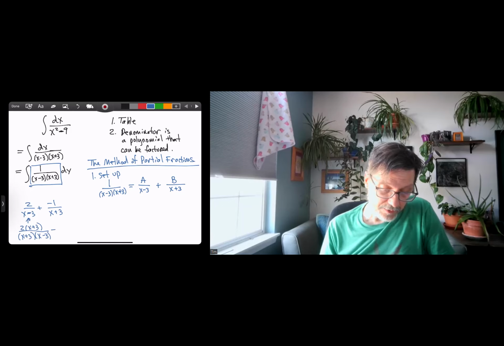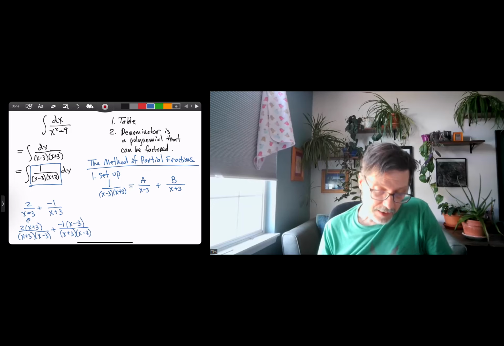And then this second one, I've got the negative 1. I'm going to multiply by x minus 3 on the top and the bottom. And that's going to give me the same denominator as the first one, which was the point. And then adding these all together, or just doing the simplification.